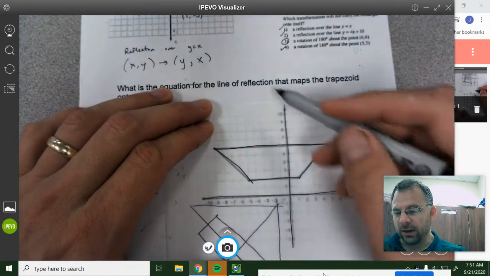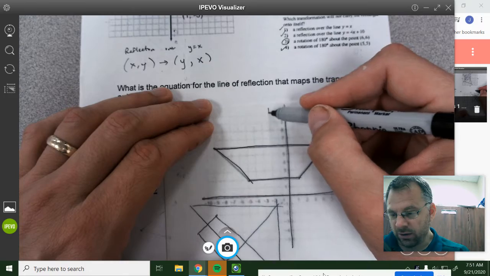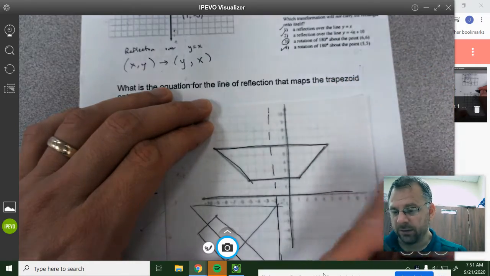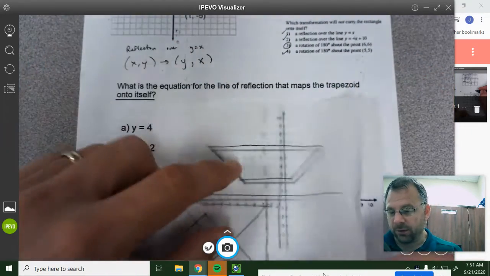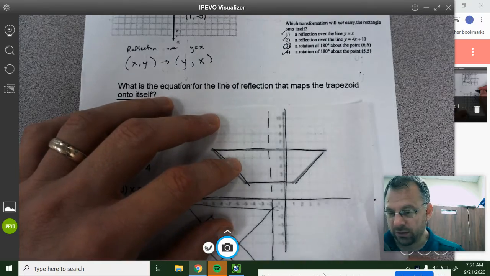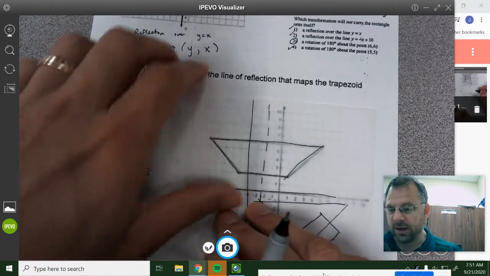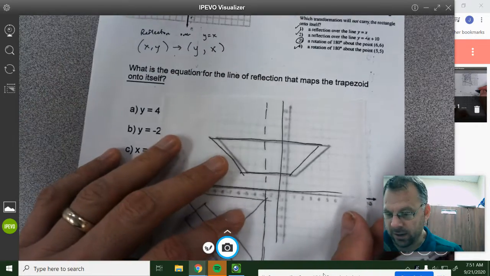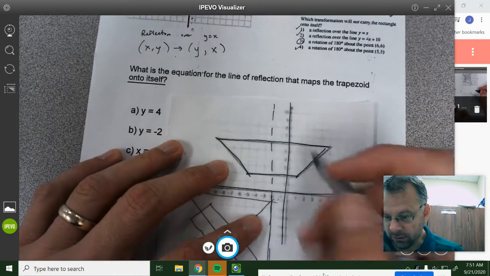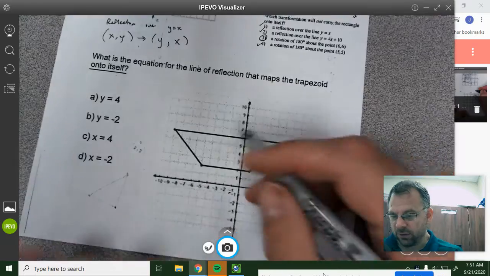So I'm thinking a line like here, right down the middle, that if I flipped it around that line, I better draw it on here too, but if I flipped it around that line, yeah, it would end up being the same. So where is that line? That is right there at -2.